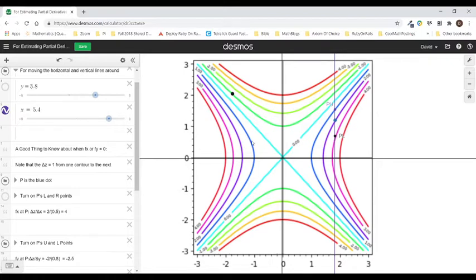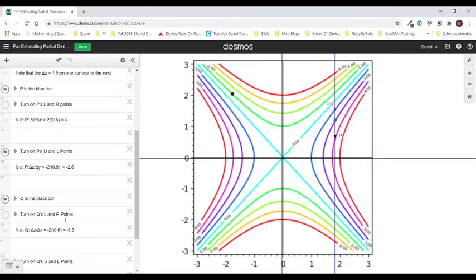The y value here looks like about 0.6, maybe 0.8. So I'm thinking that the change in the y from PL to PU is about 0.8. The change of the z value is 2. So if you come over here, you can see that I'm calculating it, where delta z over delta y going from PL to PU is about negative 2.5. We knew it was going to be negative anyways, but we get that.